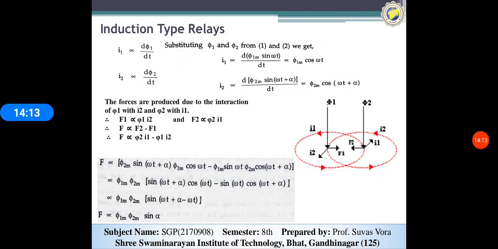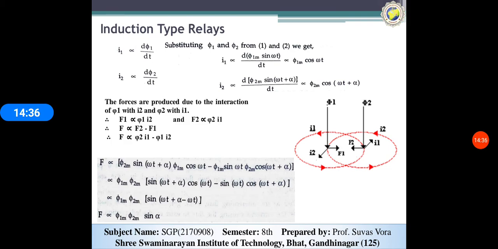You can see that the force f is equal to f2 minus f1. At that time the disk will rotate because the torque is generated between the two magnets, and the equation is F equals F1 plus F2.